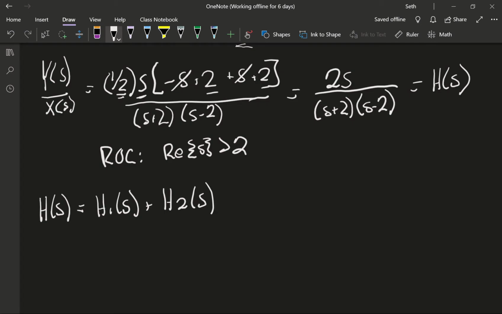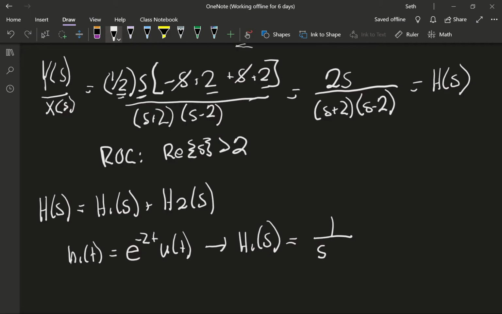They gave us h1 of t. We know h1 of t is equal to e to the minus 2t u of t, so h1 of s, using the same transform as before, is going to be 1 over s, where alpha here is 2.